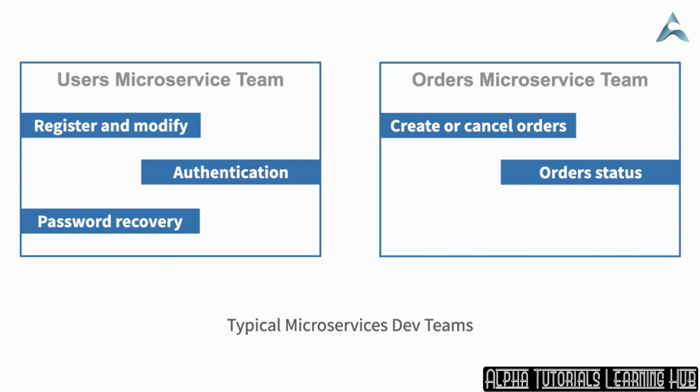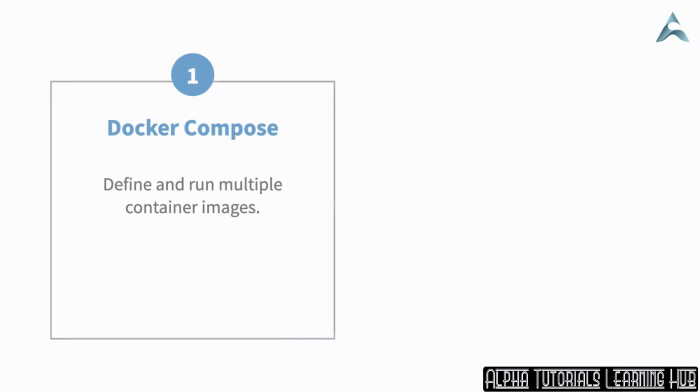Well, in some cases, this might be missing, and maybe a single developer would develop multiple microservices. In that case, you might need a way to locally test your containers, and there are a couple of tools you can use, some of which are the Docker Compose tool for defining and running multi-container images. You make references to the Dockerfile in each microservice and then run certain commands to start or stop the containers.